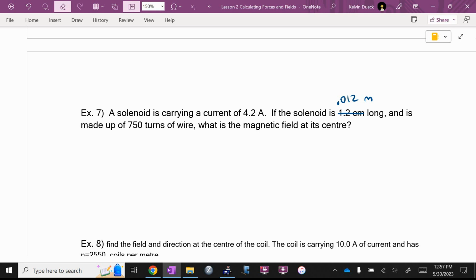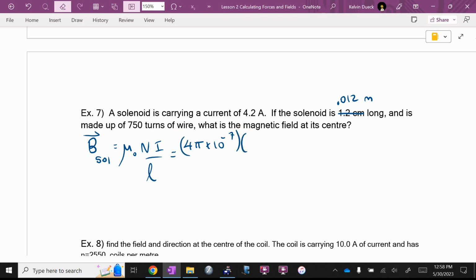What's this asking me to find? I'm looking for the field of a solenoid. Okay, so it wants us to find the magnetic field of the solenoid. Well, that's going to be mu naught N times I over L. What was mu naught? 4 pi times 10 to the negative 7.